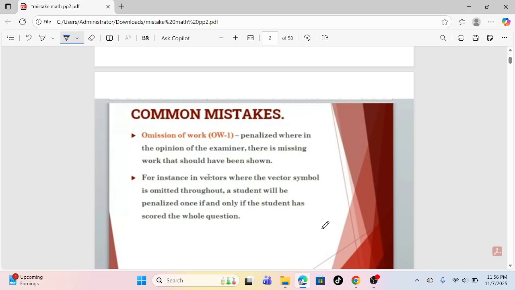Vector has its own symbols. So if a student omitted symbols, even if he has not used the symbols in any place, that student will get the vector marks. But if the student scores the whole question, he is penalized 1, so 1 mark is deducted.